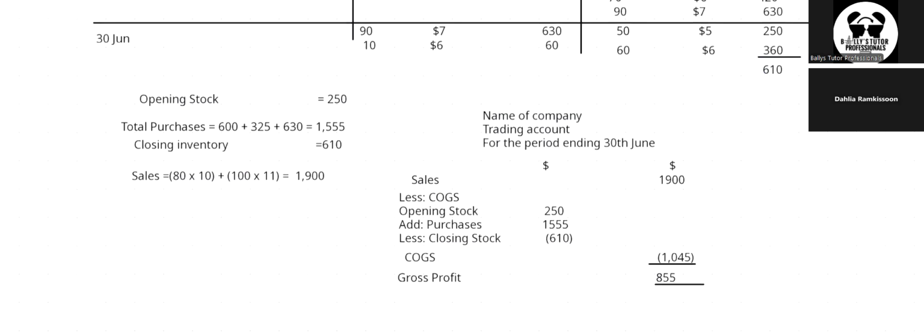So when I'm calculating my cost of goods sold, it will now be opening stock of 250, add purchases of 1,555, but now the closing stock we minus will be 610, which will make my cost of goods sold 1,195, and that will make my gross profit 705.